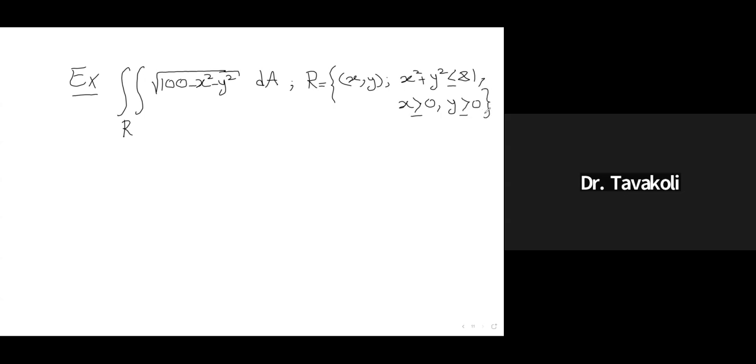So x squared plus y squared is less than or equal to 81 is a disk of radius 9, right? Because radical 81 is 9.